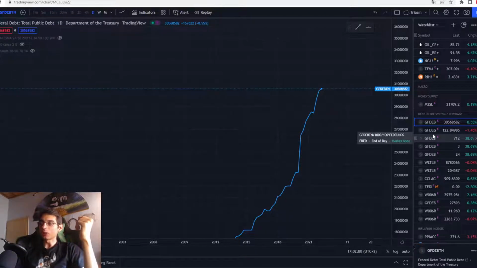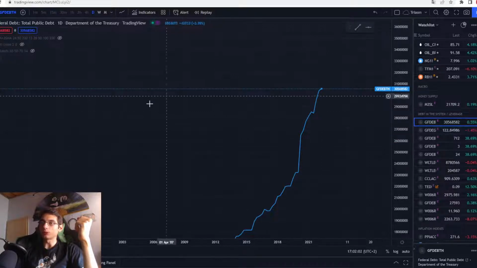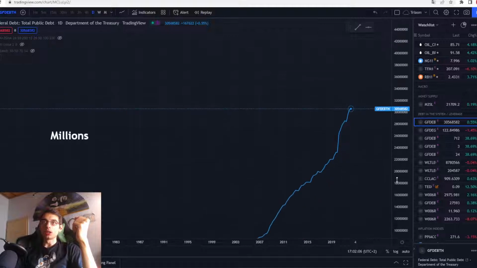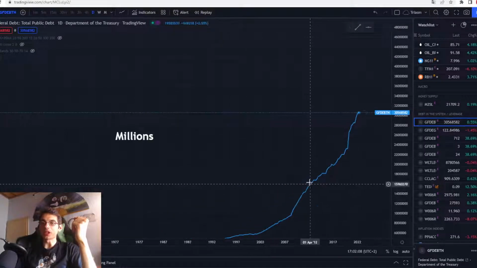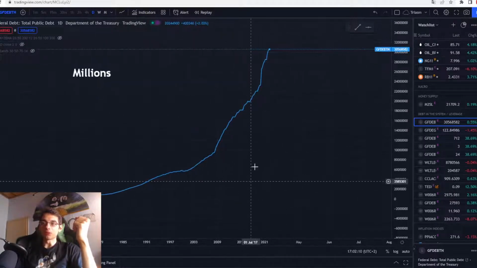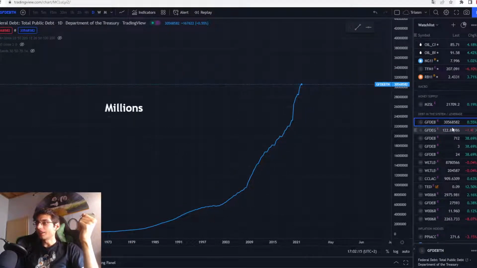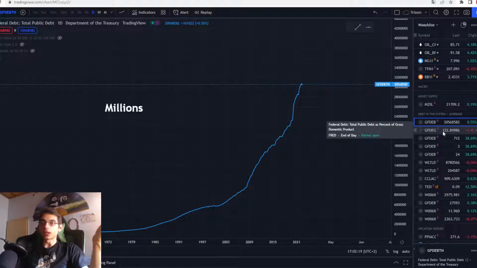I don't see a way out of this debt. I don't see the USA being able to face this debt and bring it down. It never happened, so at this point it will never happen again. And this is obviously bearish in the long term for the American economy, for the US.